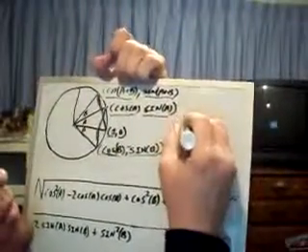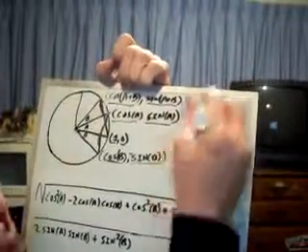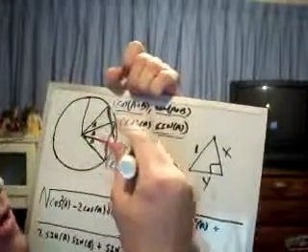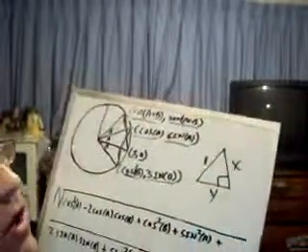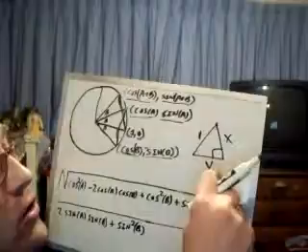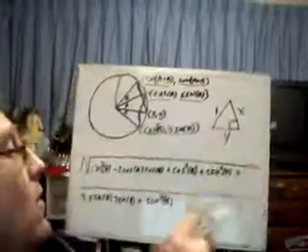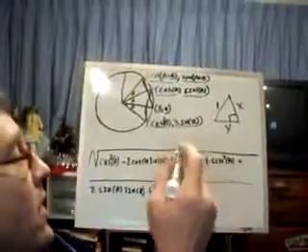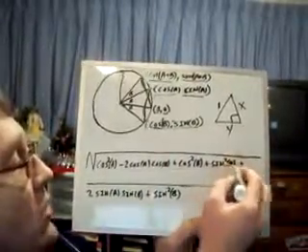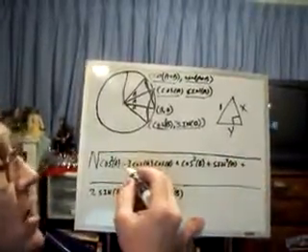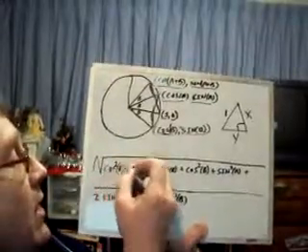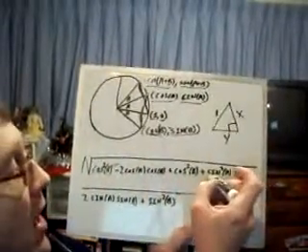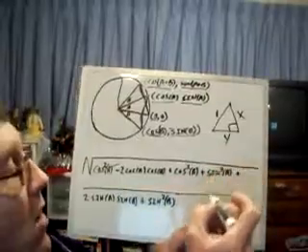We know this is going to be 1 right here, because the hypotenuse of all these triangles is going to be 1. So, x squared plus y squared is going to be 1. Well, cosine squared and sine squared, okay, added together is going to be 1. So now we can eliminate this term here and this term here.